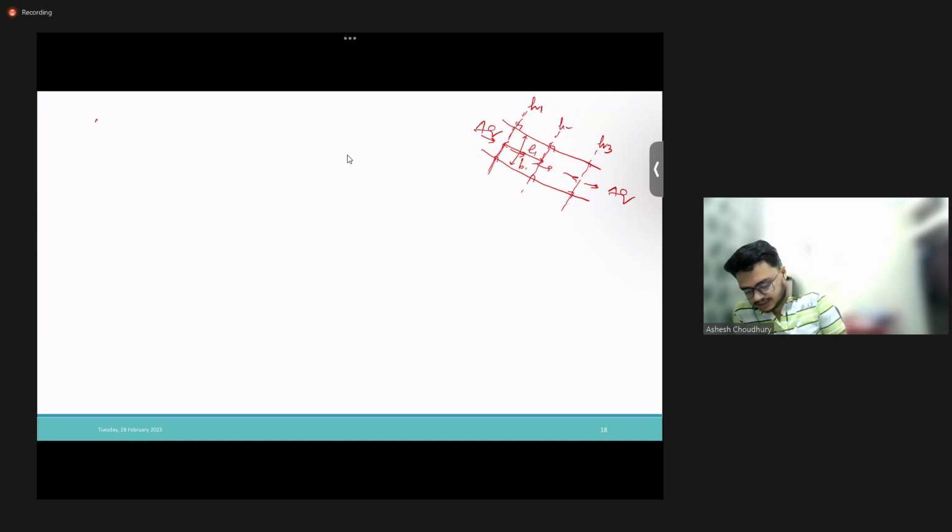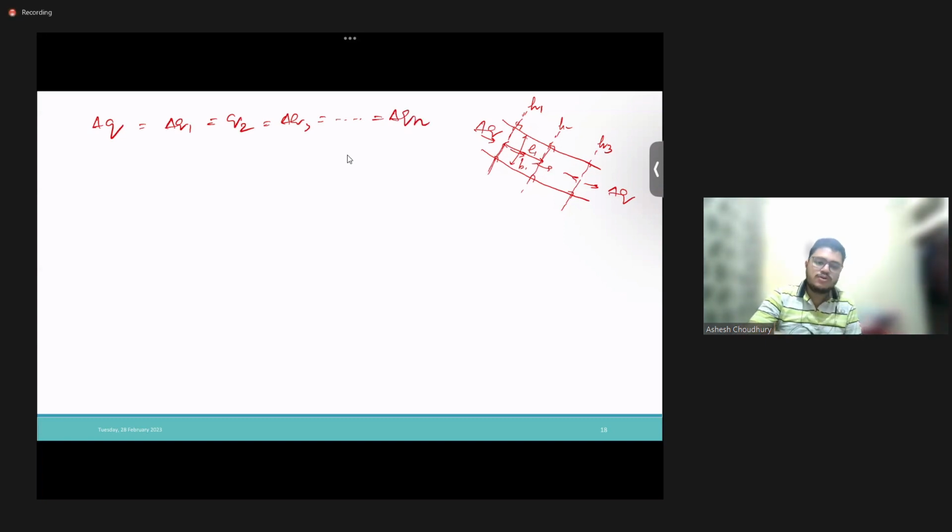Now this del q will be the same everywhere. So del q is equal to del q1, equal to del q2, equal to del q3, everywhere. So from the continuity equation my flow is not changing, and these are my heads.